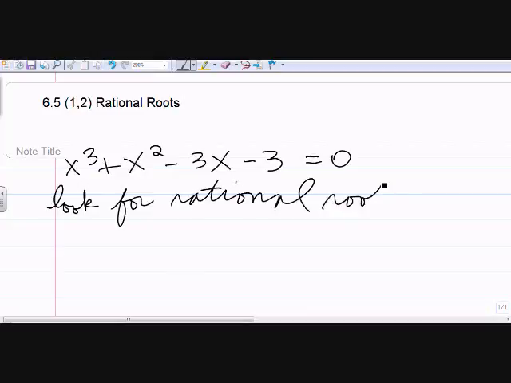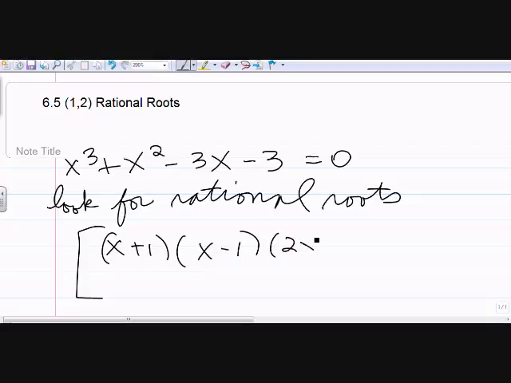Now, why am I looking for rational roots? Because, as an aside, if I gave you a problem like x plus 1 times x minus 1 times 2x plus 5 equals 0, you could solve this one quite easily: x equals -1, x equals +1, and x equals -5 halves.